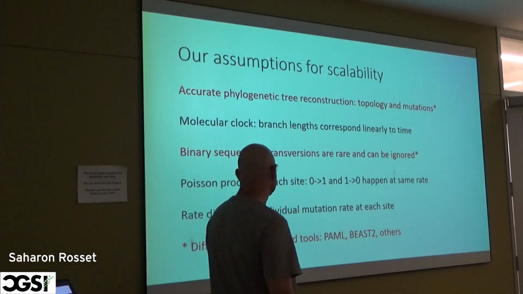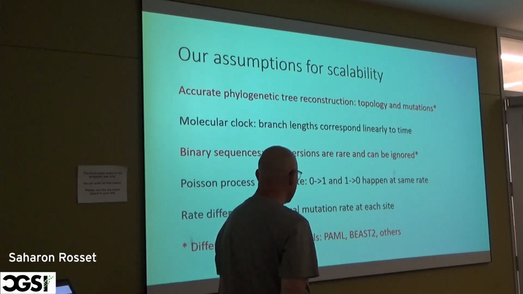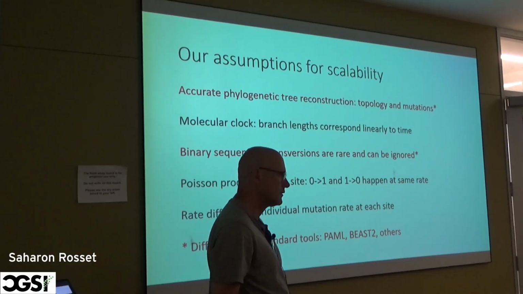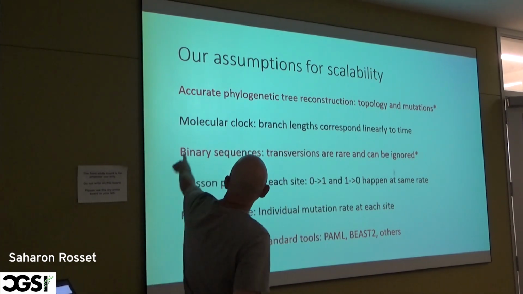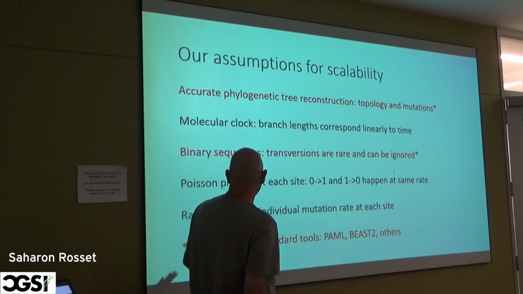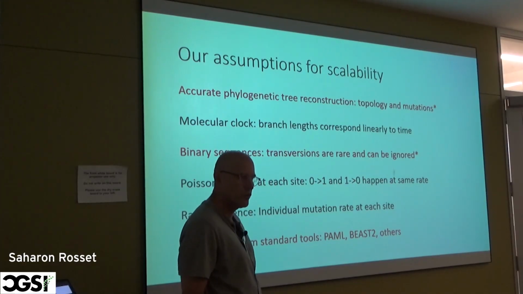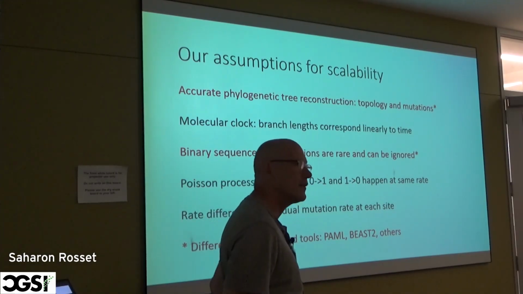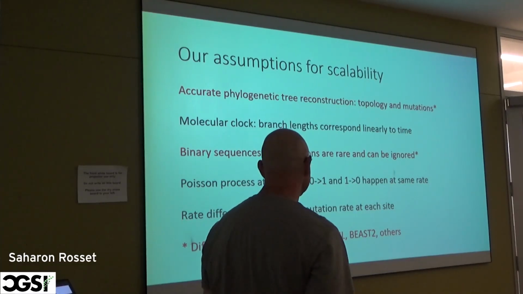And of course, we know that it's not reasonable to assume that there's a common mutation rate for all sites, but that there's an individual mutation rate for each site. And these two assumptions that I noted in red are where what we do clearly differs from standard tools that people would use for inferring phylogenetic information from sequences.